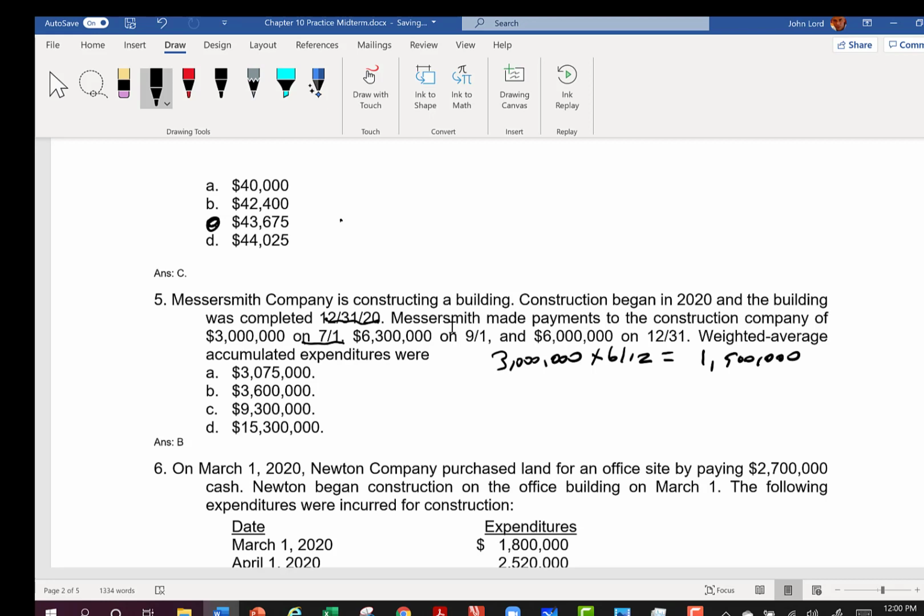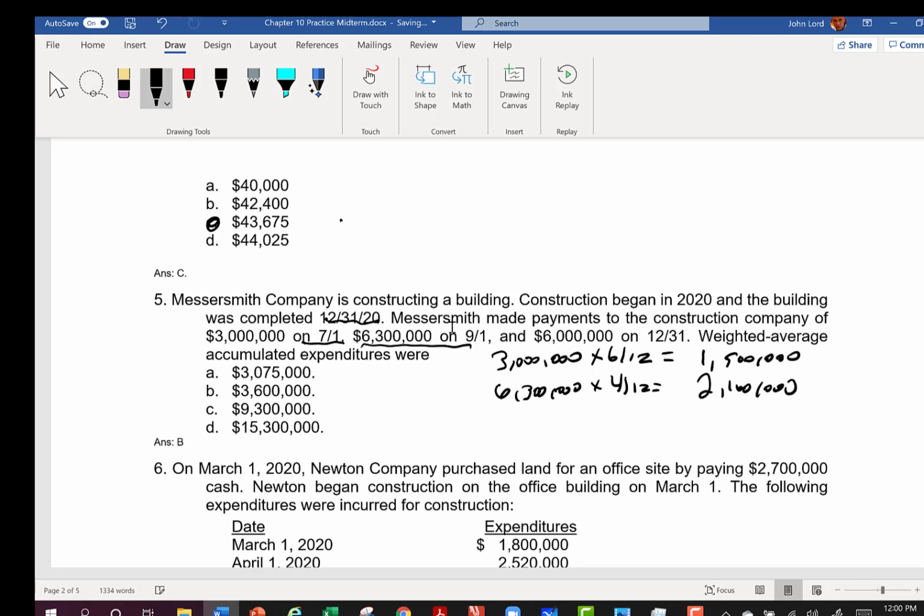Then I had $6.3 million that was paid on 9/1. If it's paid on 9/1, and they finished on 12/31, it's outstanding for all of September, October, November, December. That's 4 months, right? So that's times 4/12. That's going to give me 2,100,000.